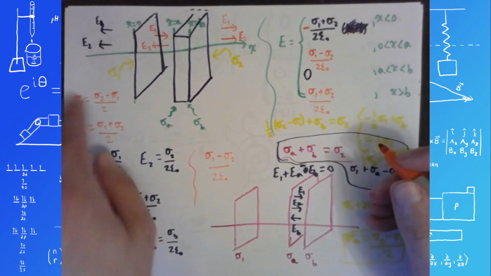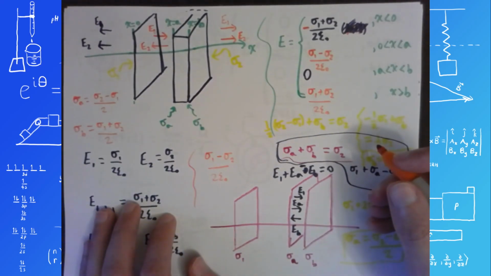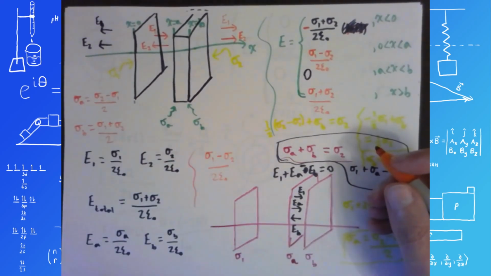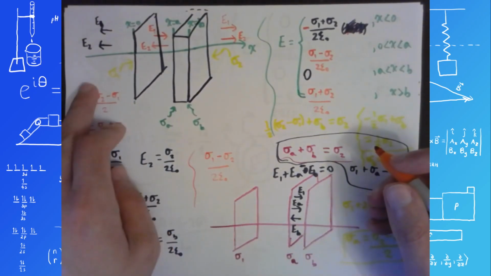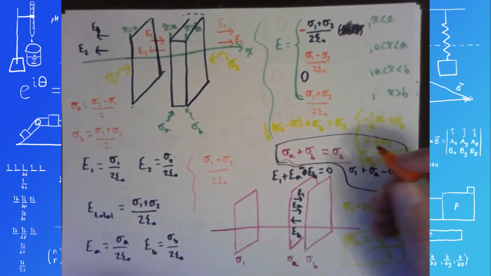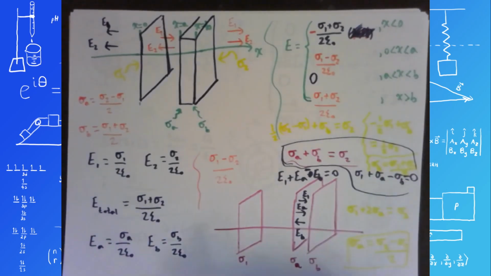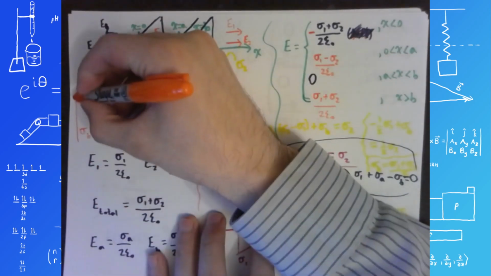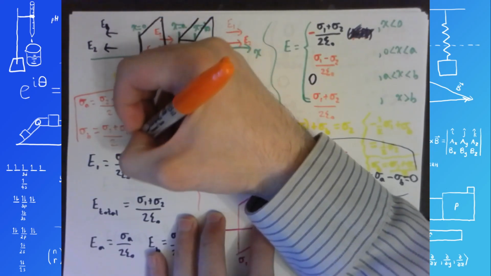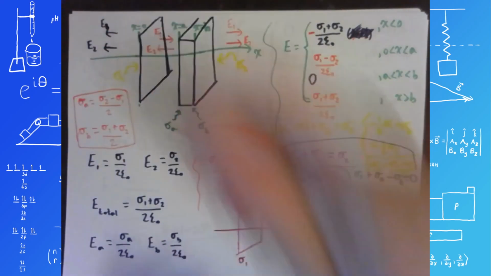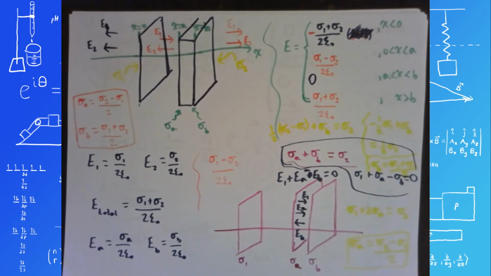Let me see. If I add them together, then minus sigma 1 and plus sigma 1 cancels out, and I get 2 sigma 2 over 2 equals sigma 2. So yes, they do still add up to sigma 2. Our math checks out. Okay, so this was calculated based on the assumption that sigma 1 and sigma 2 were positive values, and I guess we're also treating sigma A and sigma B as being positive as well.